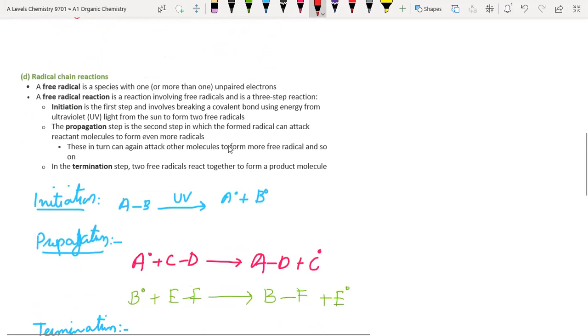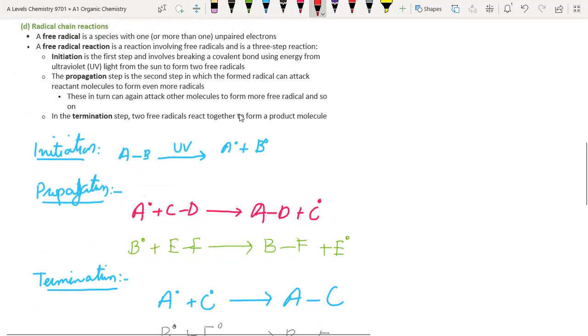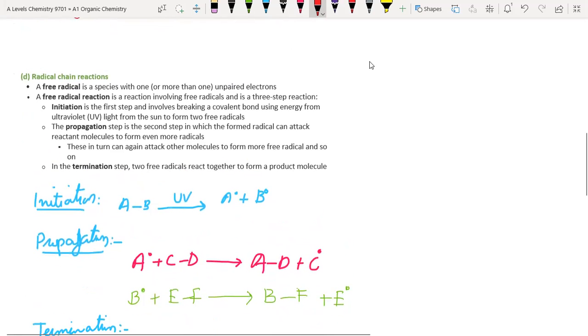Next is radical chain reaction. A radical chain reaction is a reaction involving free radicals. In this reaction, first of all, a free radical is produced, which produces more free radicals for the reaction to occur.